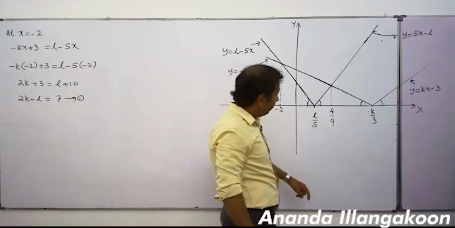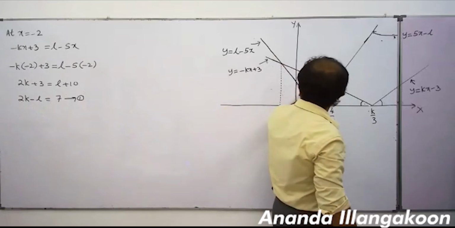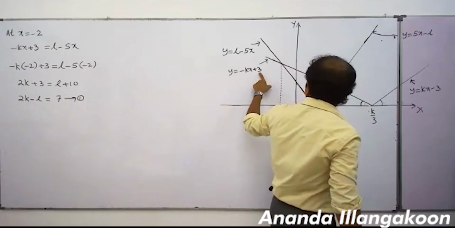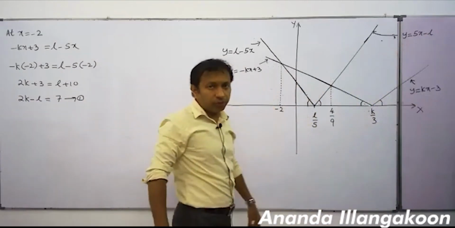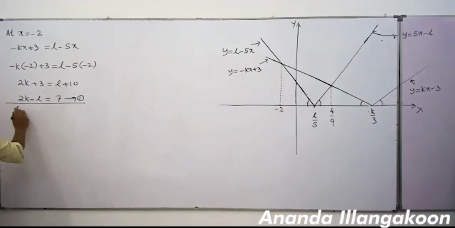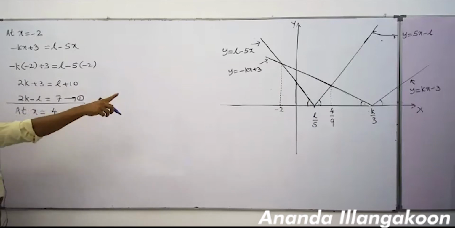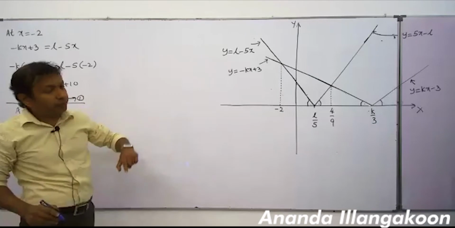Second one, at this point, x equals 4 by 9, this y value, minus kx plus 3, and 5x minus L again become equal. Right. Now, secondly, people, at x equals 4 by 9, minus kx plus 3 and 5x minus L become equal.